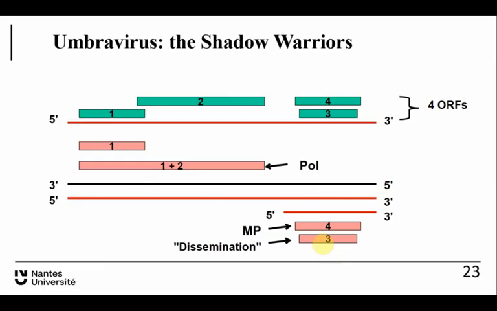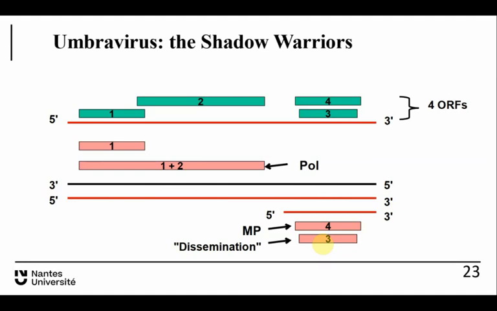So if this genomic RNA gets inside a plant cell, it can infect the whole plant. But it can't move outside of that plant because it has no capsid protein, so it can't survive if it's being eaten by an insect vector.